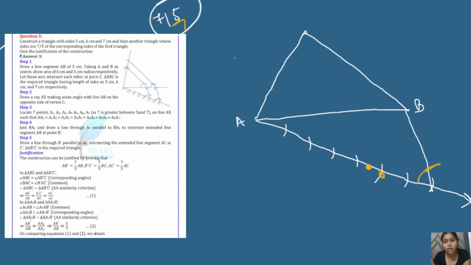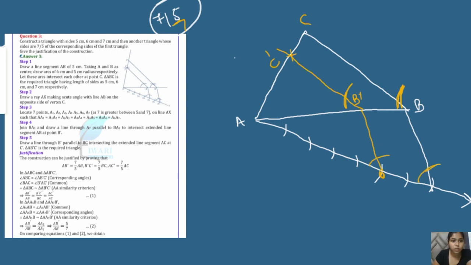You will measure this angle, you will form this angle here too, and you will form a parallel line, and you will intersect like this, this is ABC, right? So we will just cut it like AB dash. Okay, now just measure this particular angle. You have to make this particular angle here too, and then you have to make another parallel line like this and cut AC at a particular point, let's just suppose C dash.